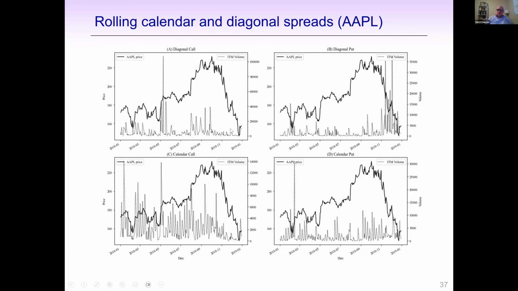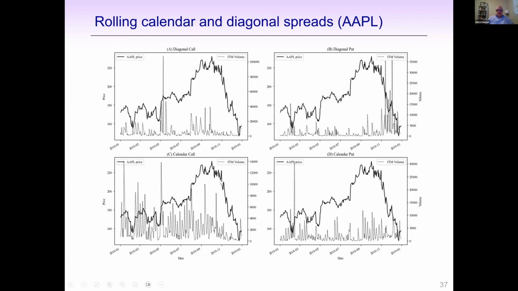If there are very few existing in the money call positions, there's no need to roll them. Apple goes up, there are very few existing in the money put positions. There's no need to roll those in the money put positions.